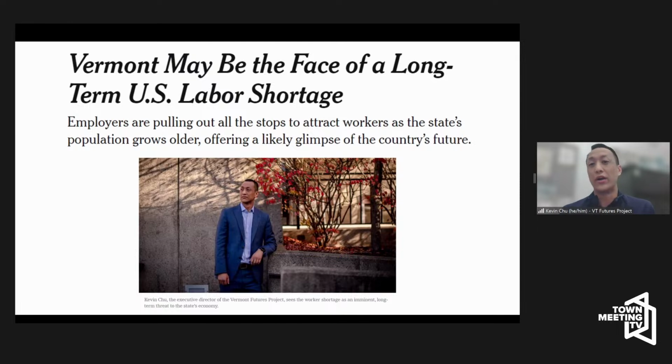He said we are on the leading edge of what the demographic transition could mean in terms of labor force that the rest of the country will catch up to. So there's national attention on how we're thinking about the issues in Vermont and what strategies we might try, because Vermont will be a leader. We're either going to be a leader in what to do or what not to do, but one of those things will happen. And I know which one I'd rather pick.